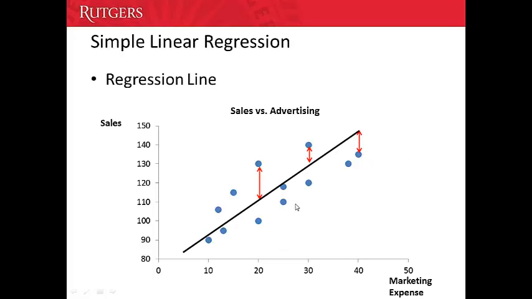We compare the sum of errors for this regression line to that of another regression line. We calculate the errors for that line too, get the sum, and choose the line with the lower sum of errors. Suppose the dark line has a lower error, so we use it as the regression line.